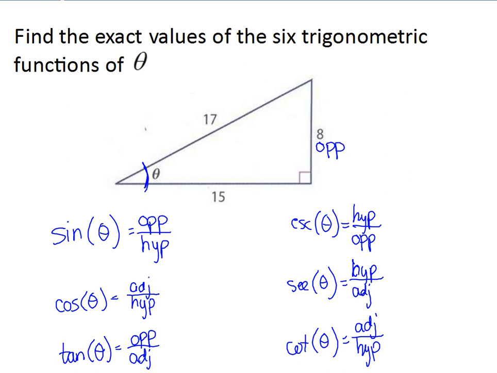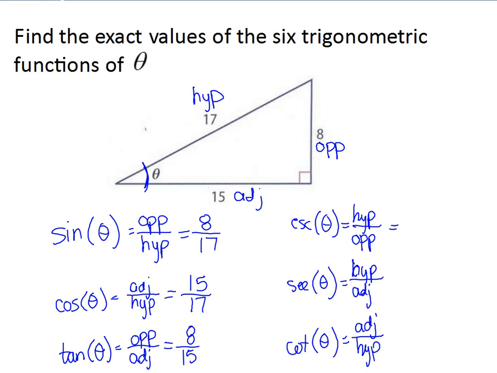The side that's between the angle and the 90 is the adjacent, and the side across from the 90 is your hypotenuse. Sine is just the opposite over the hypotenuse. Cosine is the adjacent over the hypotenuse, and tangent is opposite over the adjacent.